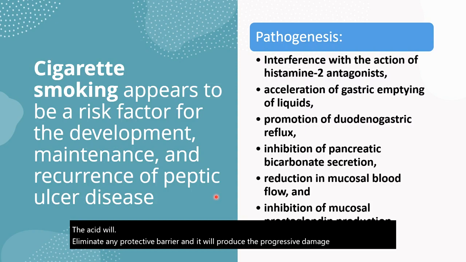It will reduce also the flow of the blood in the mucosa. It will produce an acceleration of the gastric emptying of the liquids plus the acid. So that acid will go to the duodenum earlier. And remember, the duodenum is not prepared to receive that amount of acid.